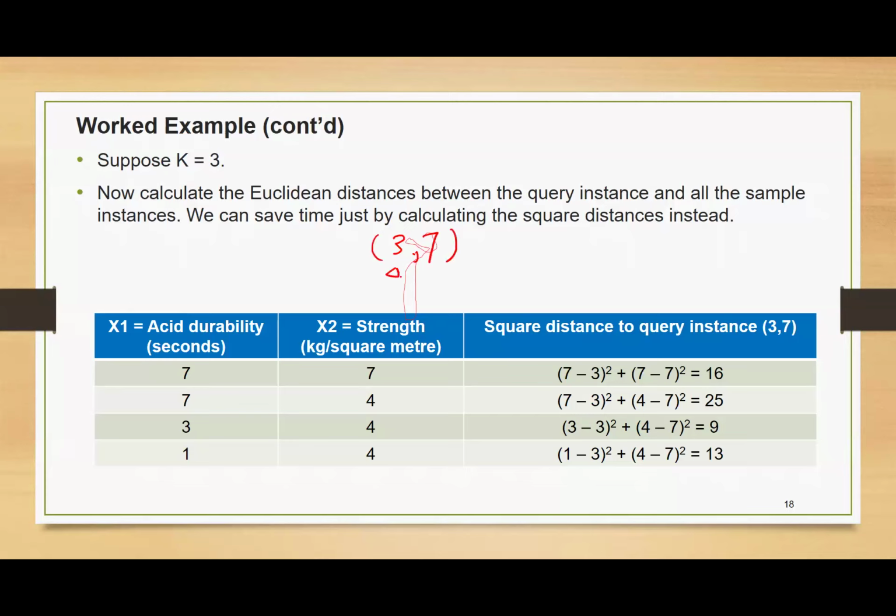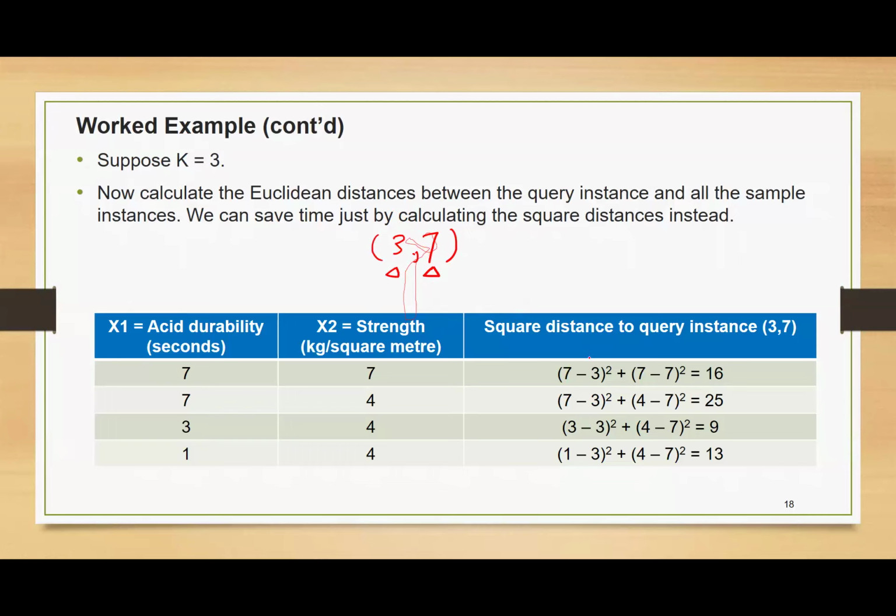The first feature is 3, the acid durability is 3, and then the strength is 7. And now you want to know if this new tissue belongs to good tissue or bad tissue.